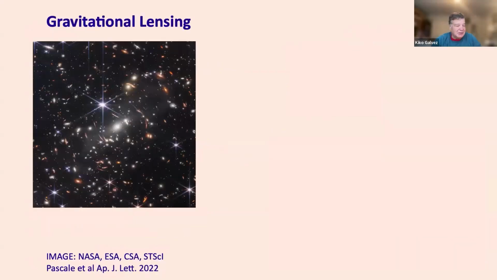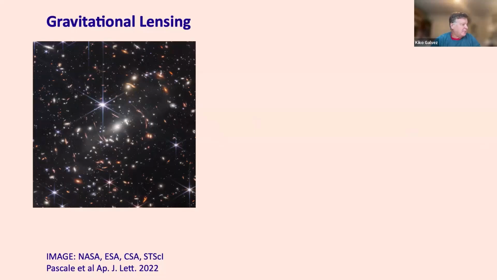We've seen these pictures many times of patterns of stars and galaxies. And in there we see these arcs, and of course these arcs are a consequence of gravitational lensing, the deflection of light by the curvature of space.